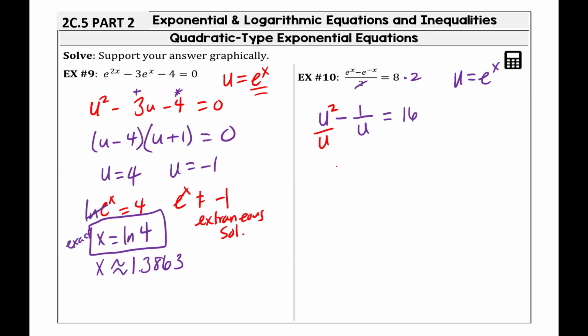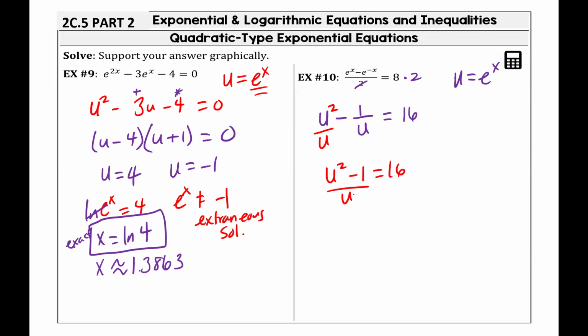Are you still with me? Okay. So now we have u squared minus 1 equals 16 all over u, because once the denominator is the same, you can combine the numerators. How can I get my variable out of the denominator?